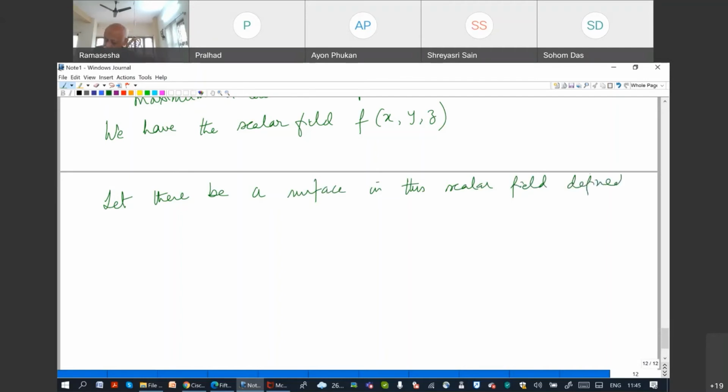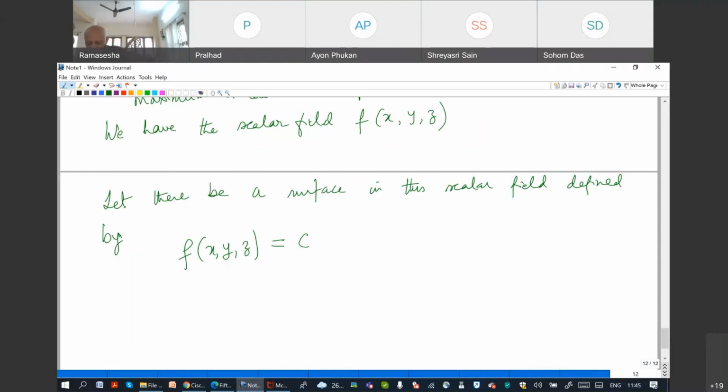How do you define a surface? f of x, y, z must be a constant. All points x, y, z which give the same constant value c when plugged into the function f of x, y, z, the assembly of all these points corresponds to a surface.